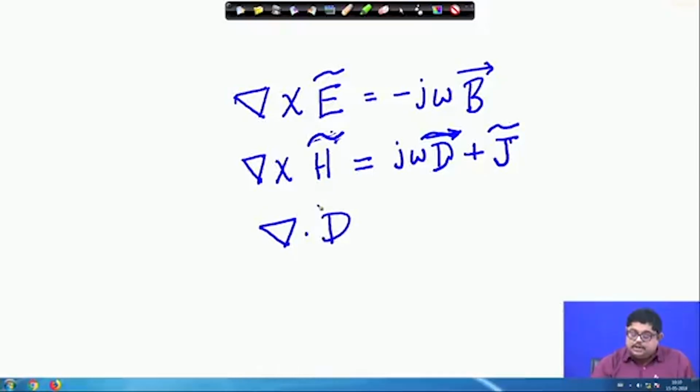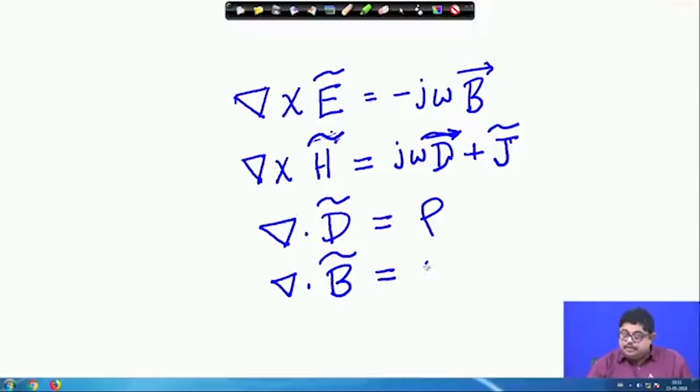Then we also know that the divergence of the displacement vector is given by the volume charge density, and the divergence of the B vector is 0. So, these are the 4 Maxwell's equations, but here we assume that we know the sources, here the current density vector J and the charge density rho.